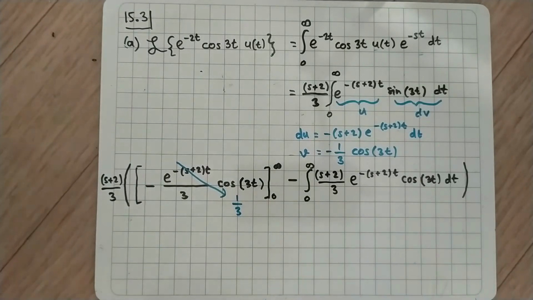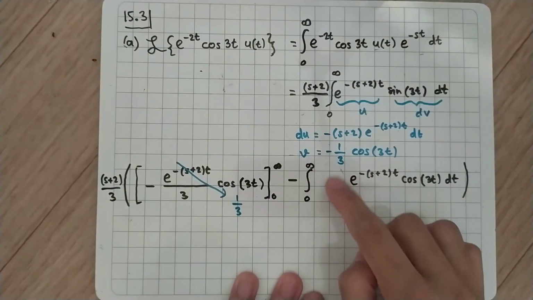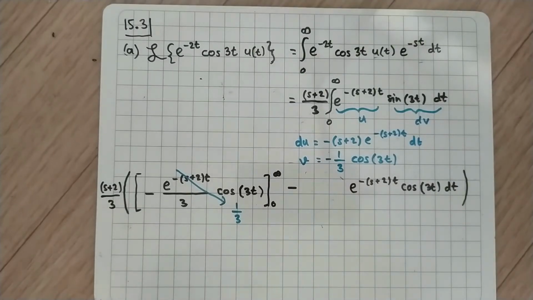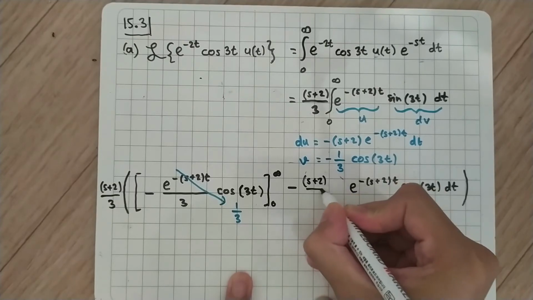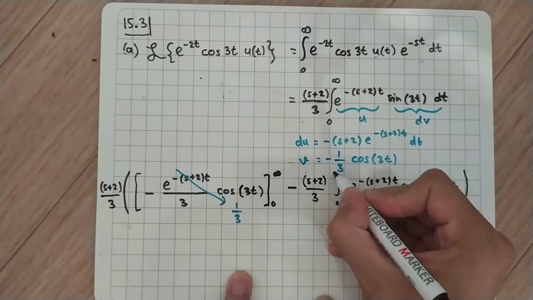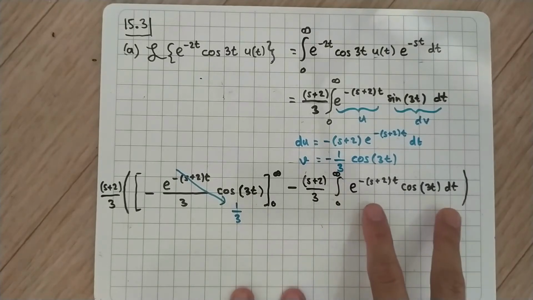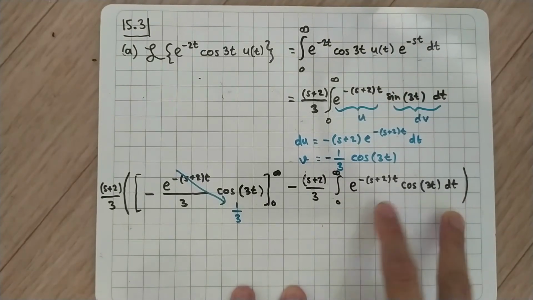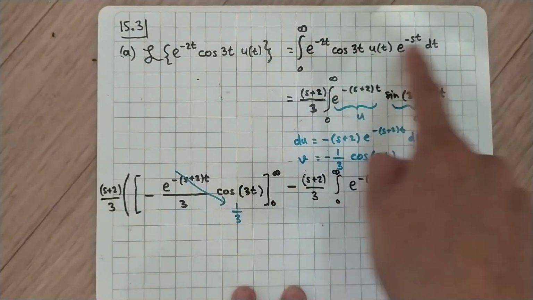And here we can do again that this is a constant, so we can put this out of integration. So we will have s plus 2 over 3 integral from 0 to infinity. Okay, and if we take a look at this, this is actually the integral that we are looking for, so it is equal to this one.